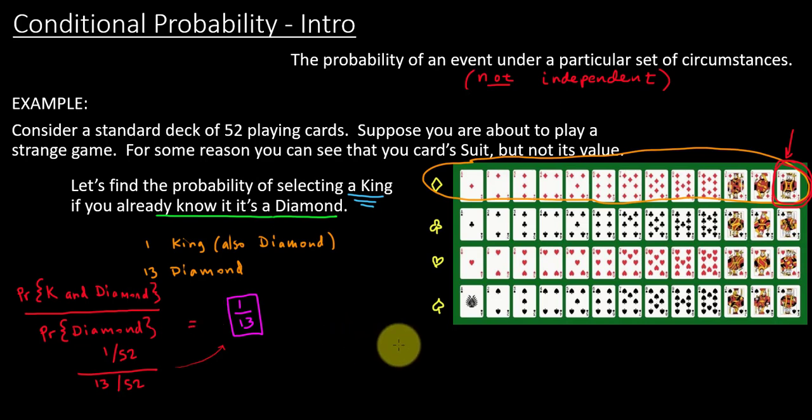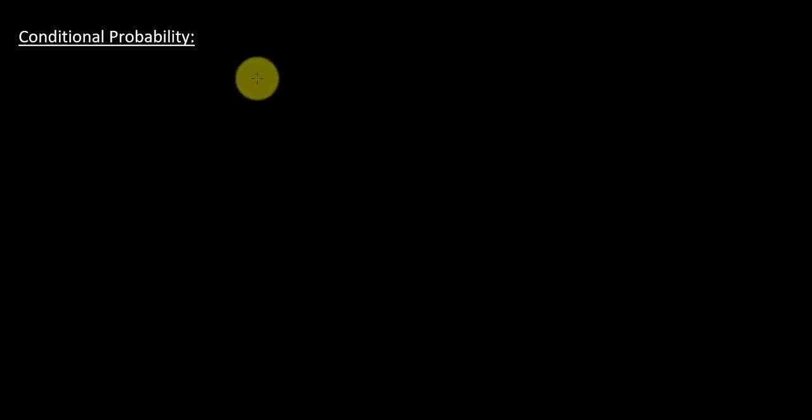I'll scroll down here. We've got some notation that applies to conditional probabilities as well. The way this looks is the probability of an event. I'm going to call this E2. And I just wrote a tall vertical line.